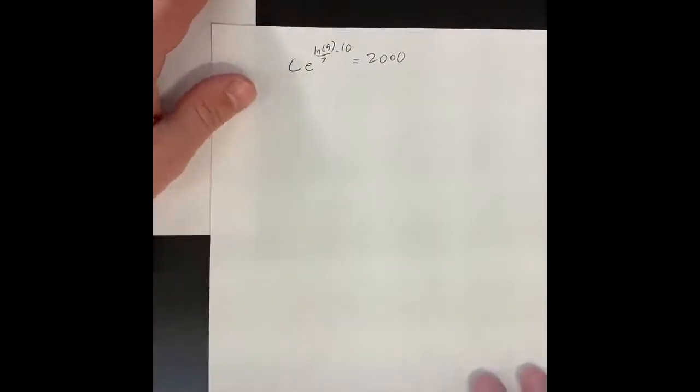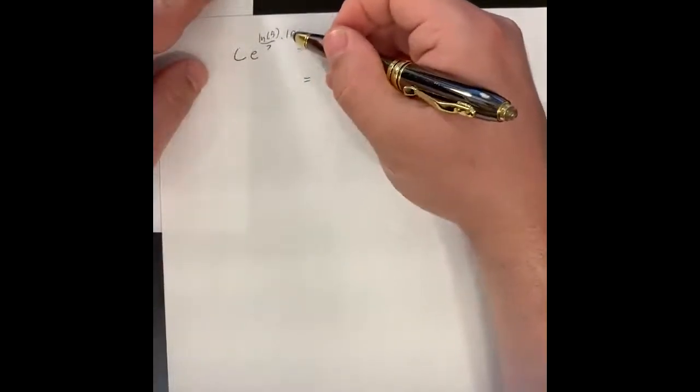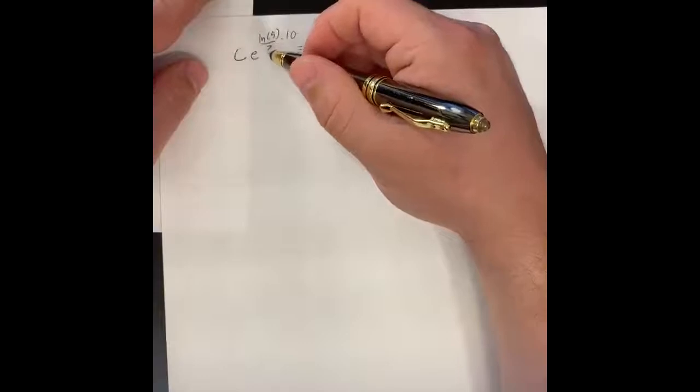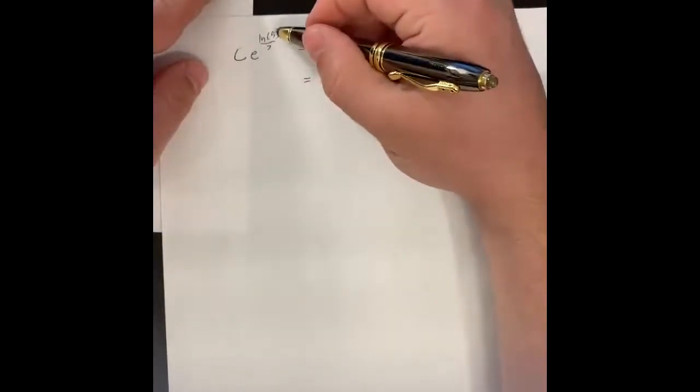All right, trying to simplify this a little bit, we have an e and a natural log. We'd like to cancel those out, but we have this extra constant here. So the 10/7 constant out front we can bring into the exponent of the 5.